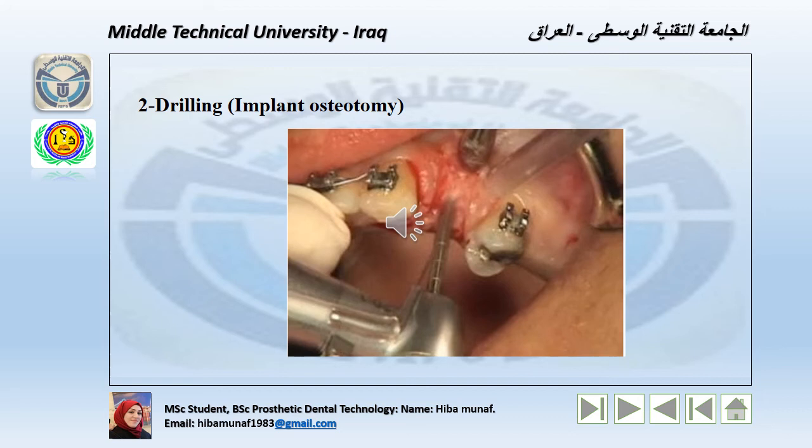All implant systems have an initial small diameter drill, which is 2.5 mm. Then we increase to 3 mm, then 3.4 mm, until we reach the final diameter of 4 mm, a twist drill to prepare the location and angulation of the osteotomy, according to the size of the implant.